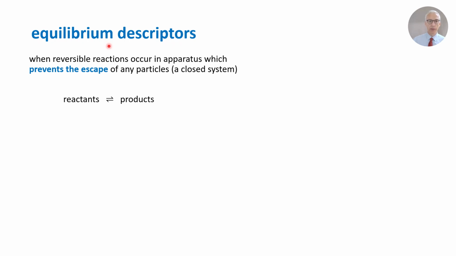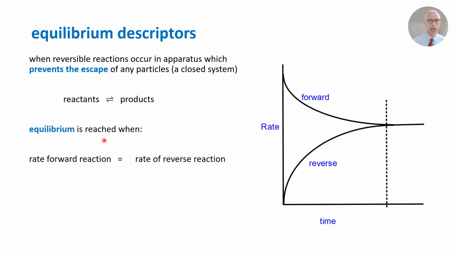Well, when reversible reactions occur in apparatus which prevents the escape of any particles, which has a technical term, a closed system. That is, the reactants turn into products, products turn into reactants, nothing escapes from that system.